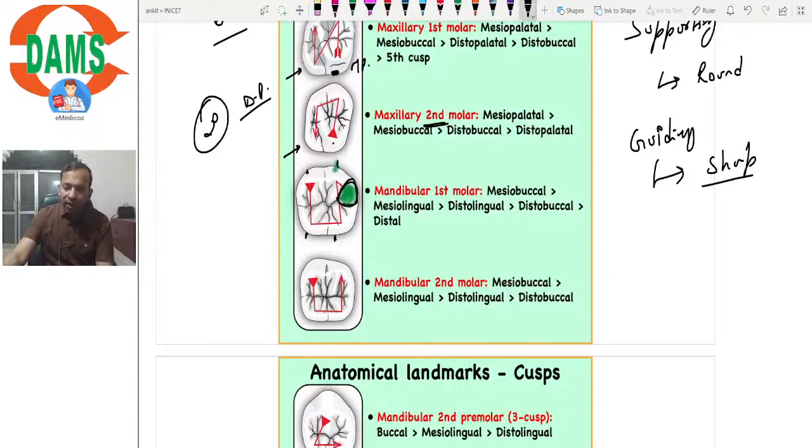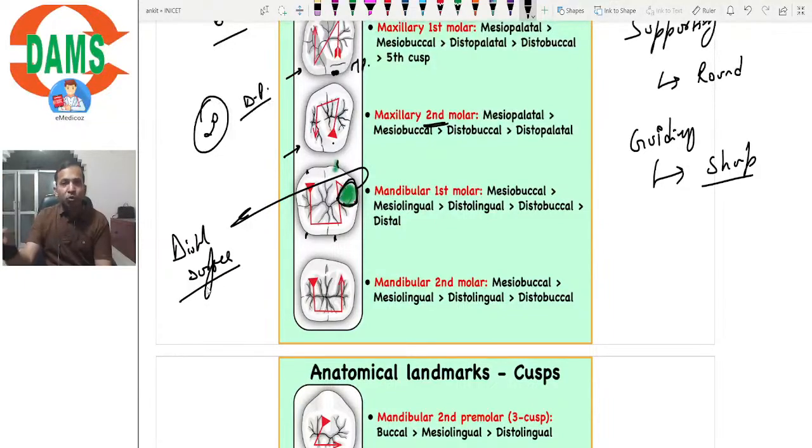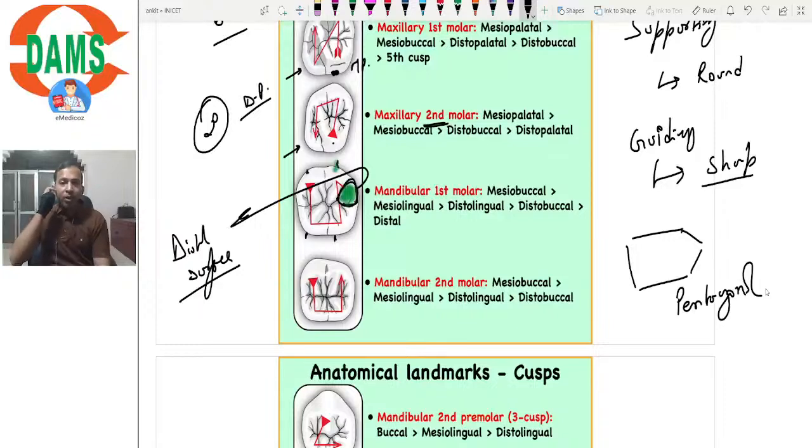In majority of the cases, it is located on distal surface, and hence the name distal cusp. क्यों? क्योंकि ये distal surface पे है, ये medial ये buccal पे या lingual surface पे नहीं है, और इसीलिए commonly जो tooth की outline है, it would be described as pentagonal, right? That's why the common occlusal outline would be pentagonal, right?